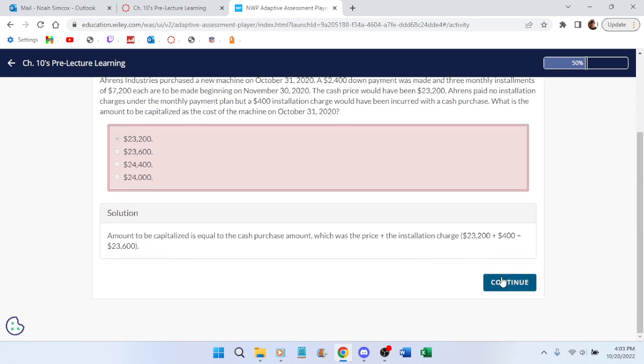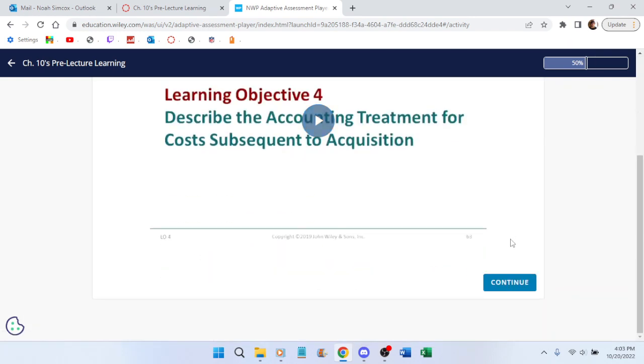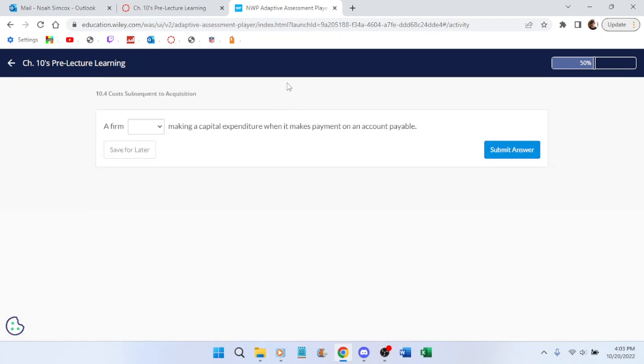Oh, I just didn't read the whole question because I'm an idiot. Okay, if you make a payment on an account payable. I didn't think through that question.